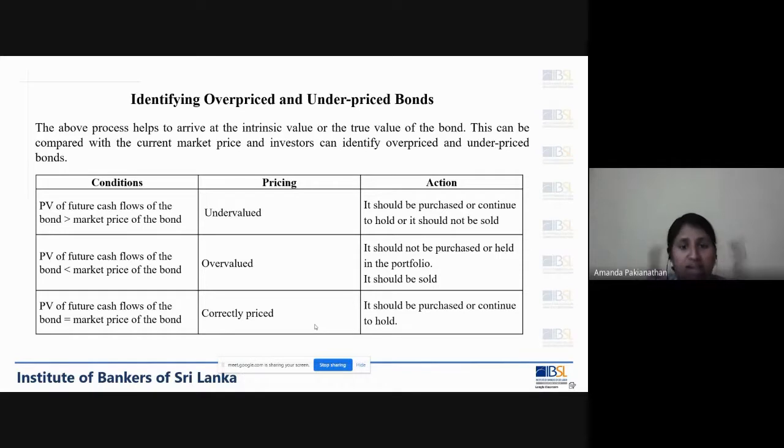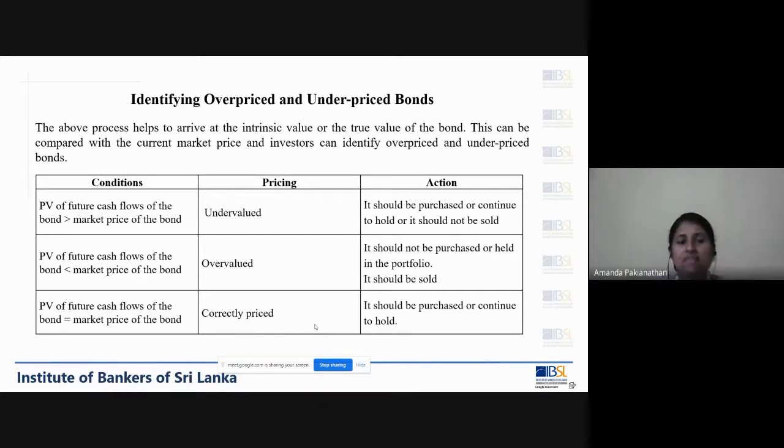The real value is much higher. So the recommendation is that you hold this bond. You continue to have it in your portfolio. Do not sell. There will be a time when the market price will come closer to the real value of the bond. You can sell at that point, not now, because now it is undervalued.